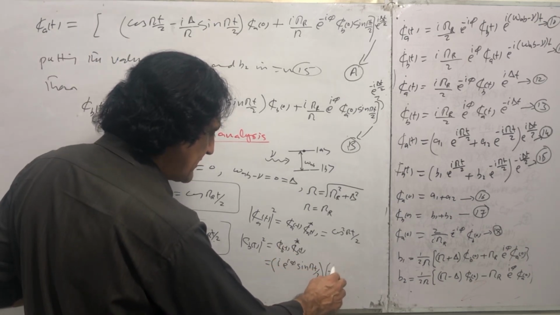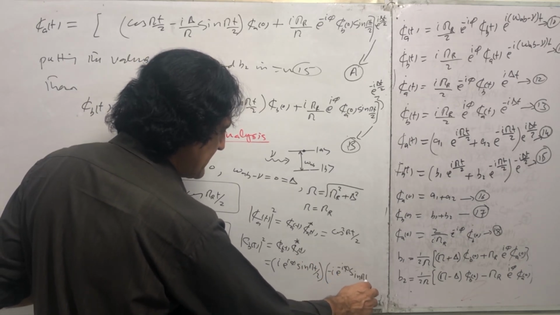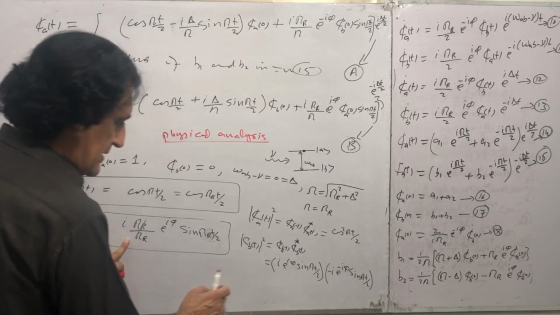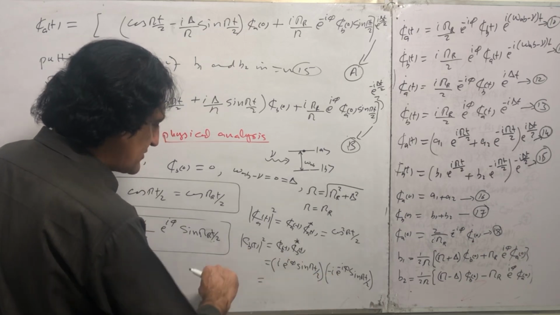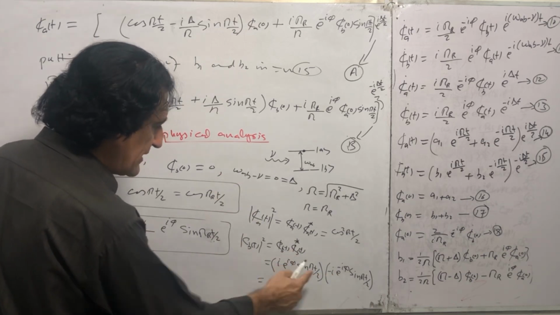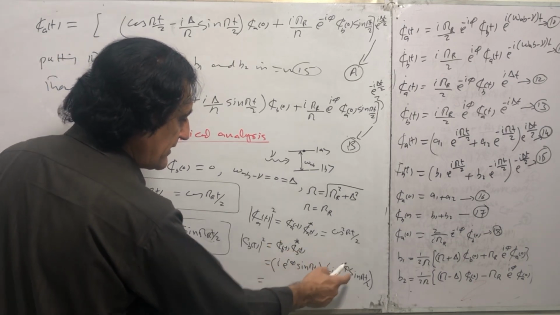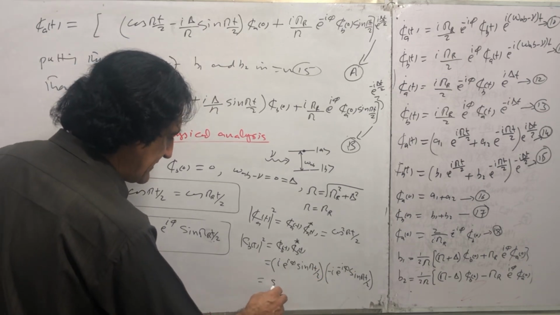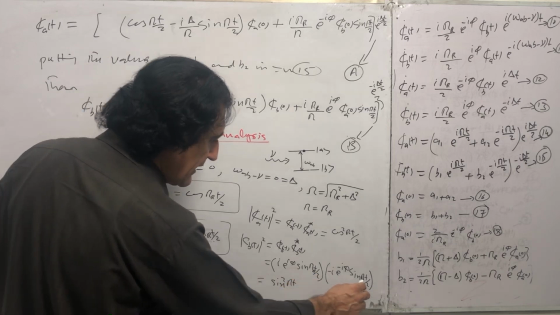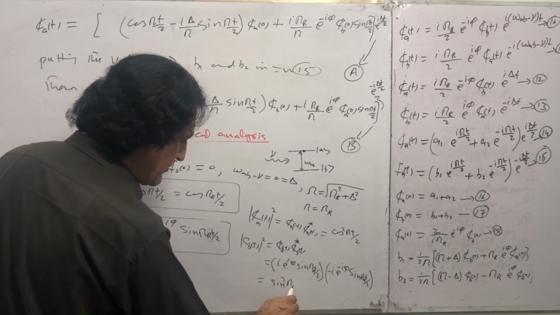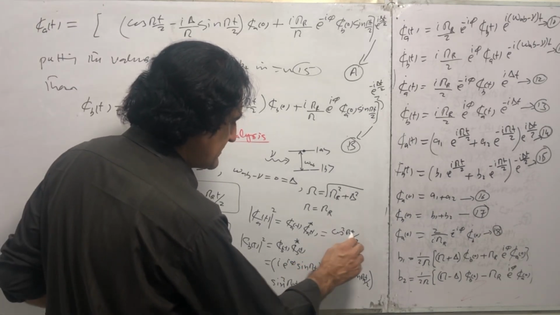Cb star means minus i and e to the power minus i phi and sine omega t divided by 2. Minus i times i gives minus i squared, and i squared has a value of minus 1, so this is plus 1. e to the power i phi and e to the power minus i phi will be cancelled out. And finally, we have sine square of omega r t divided by 2.